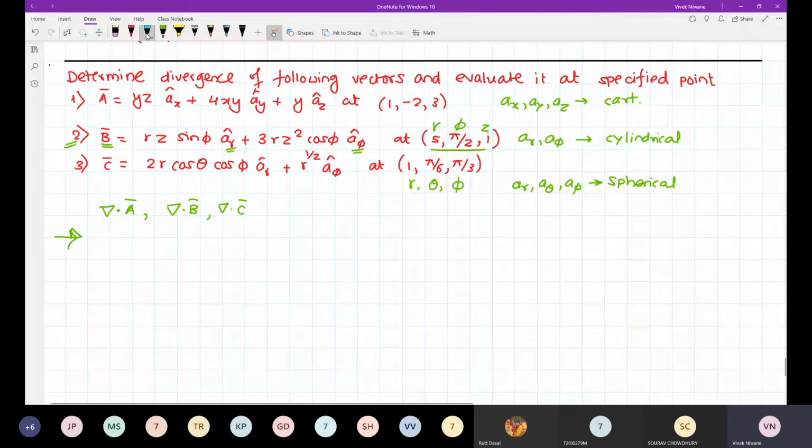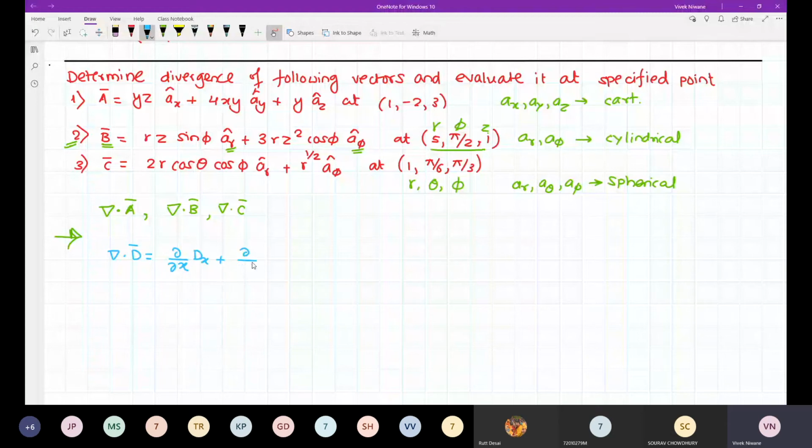I will rewrite all those formulas of divergence in three coordinate systems. So in the Cartesian coordinate system, del by del x of dx plus del by del y of dy plus del by del z of dz. This was in the Cartesian coordinate system.